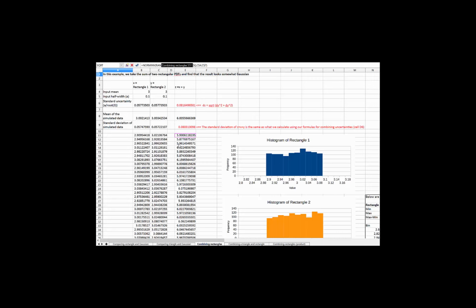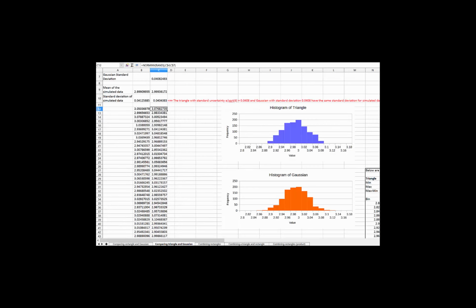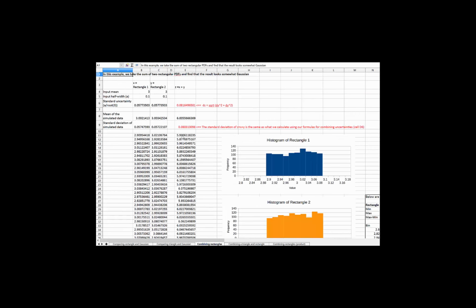Now, if I do that and I simulate a whole bunch of data points, I can then take my regular mean and my regular standard deviation of the simulated data points.